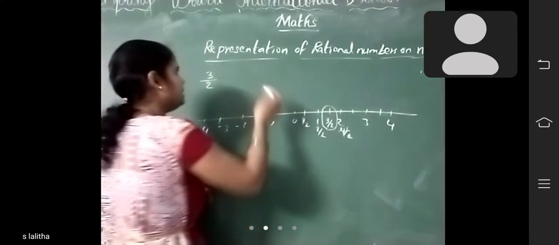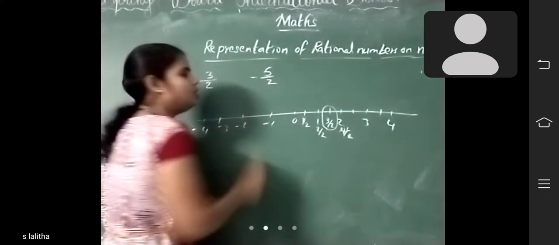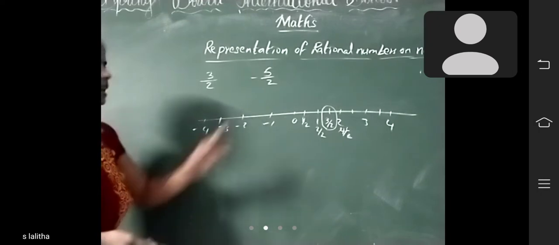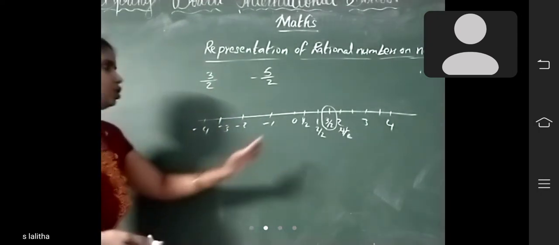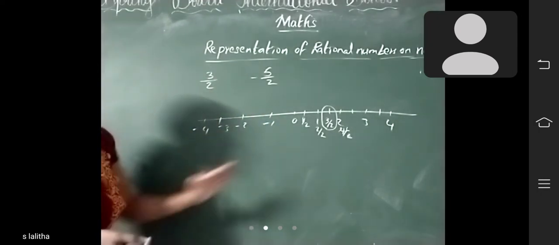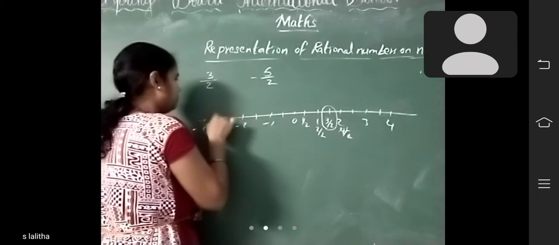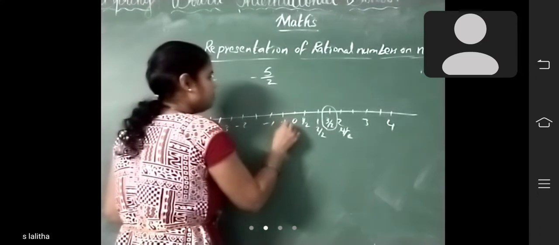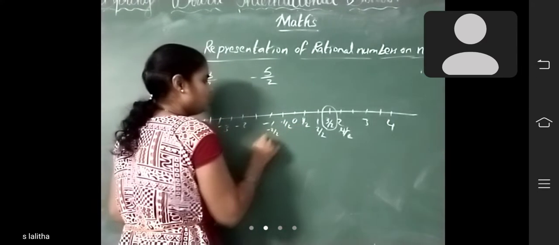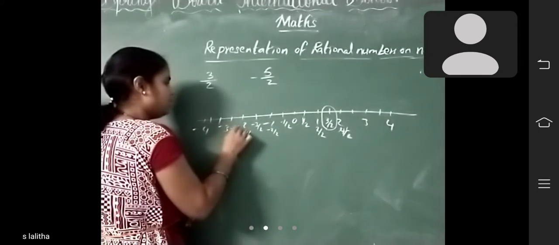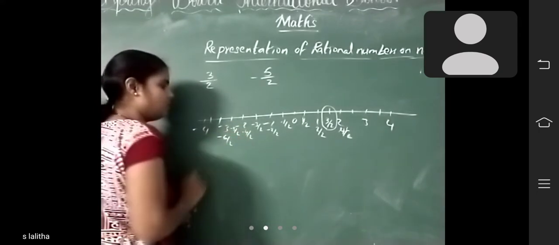Suppose a negative number is there, minus 5 by 2. How can you represent this one? The denominator is 2, and it is negative. Negative means you should move to the left side of 0. It will be divided into two parts. So this is minus 1 by 2, this is minus 2 by 2, minus 3 by 2, minus 4 by 2, minus 5 by 2, minus 6 by 2.